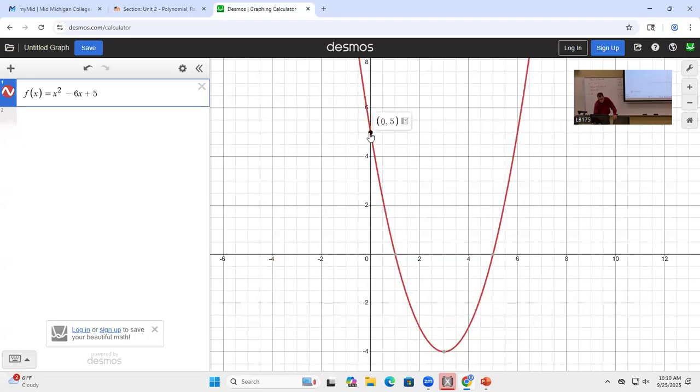Your y-intercept there is at (0, 5). And you can see that this parabola crosses the x-axis at 2 points, which are the 2 points that we found, (1, 0) and (5, 0). So the graph aligns with what we got algebraically.